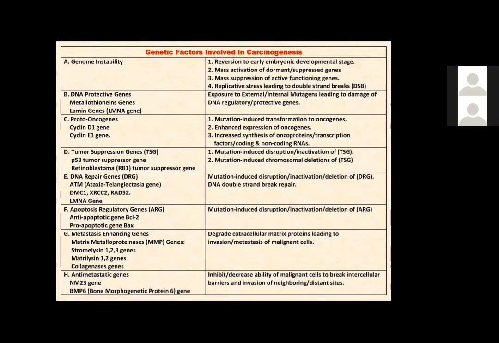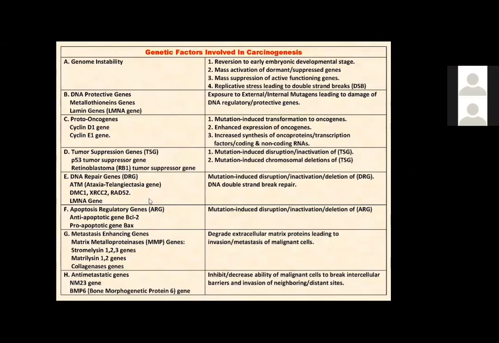So that is the proofreading system in short. So the DNA repair system is very important for correcting the huge number of point mutations which develop during each cell cycle. Therefore, mutation-induced disruption, inactivation or deletion of these DNA repair genes and double strand break repair are very important factors in development of cancer and carcinogenesis.